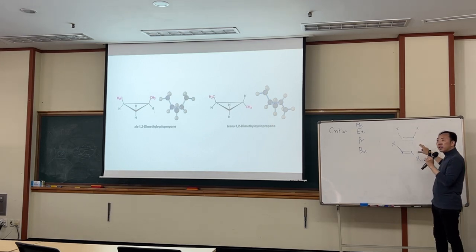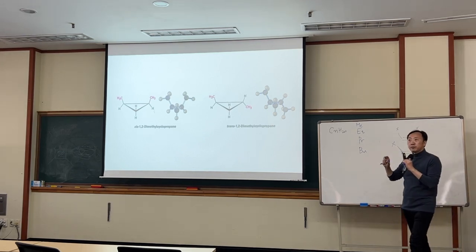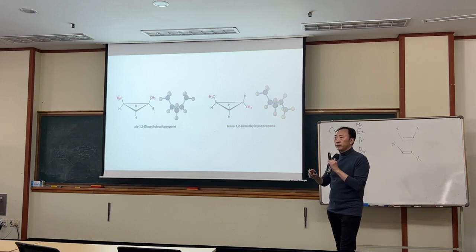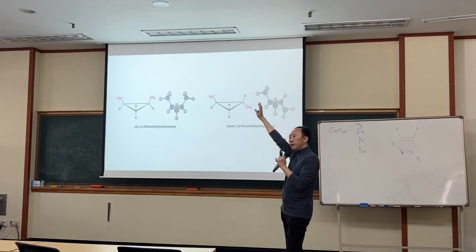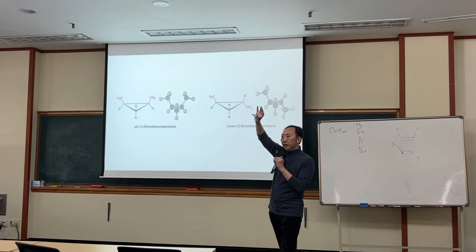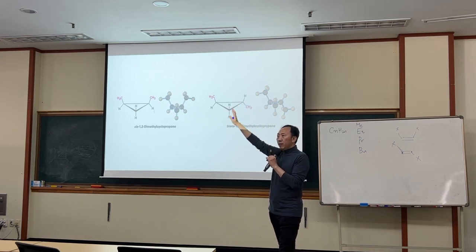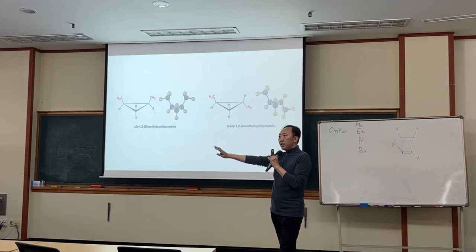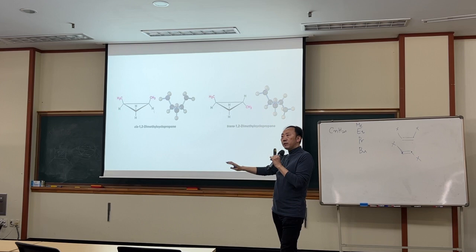So this is another example of a stereoisomer. Okay. So a structural isomer has a different connectivity. Same connectivity and different position, this is a stereoisomer. If they can be easily converted by rotation among stereoisomers, we call this a conformational isomer. Okay?